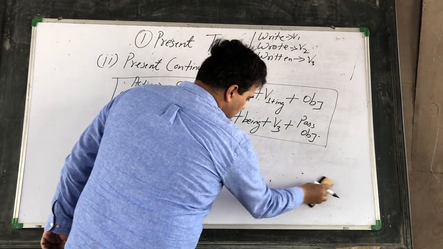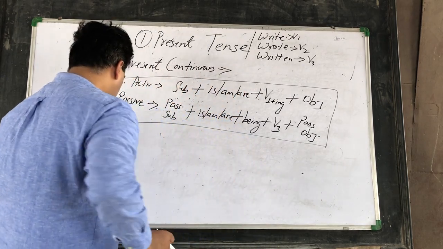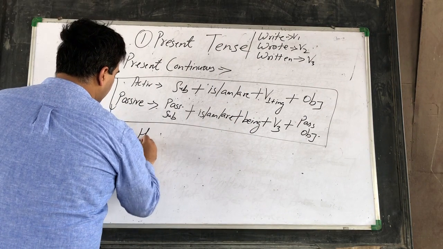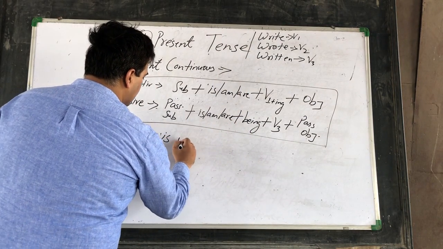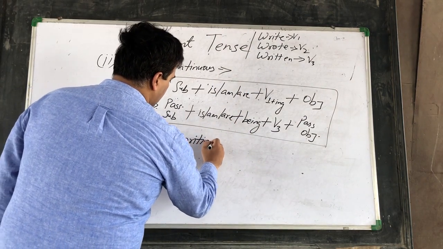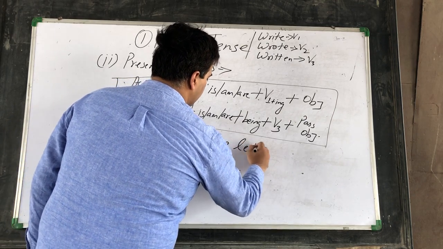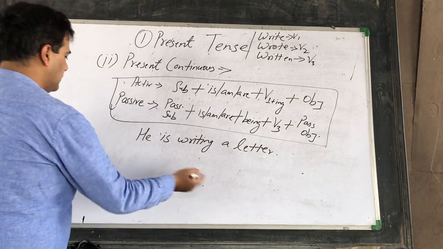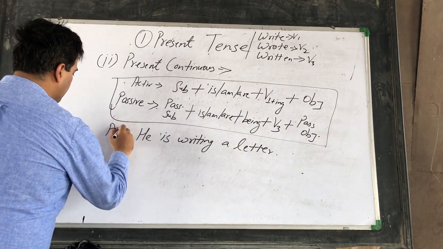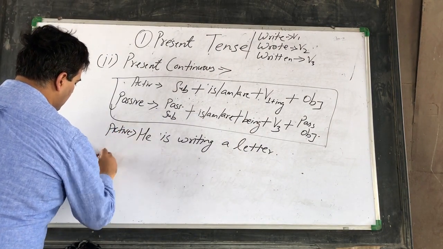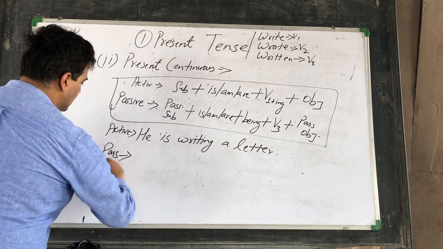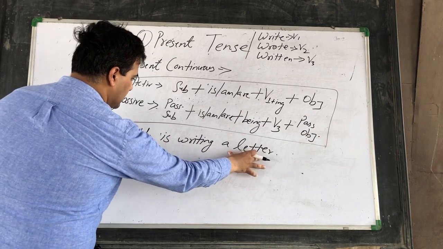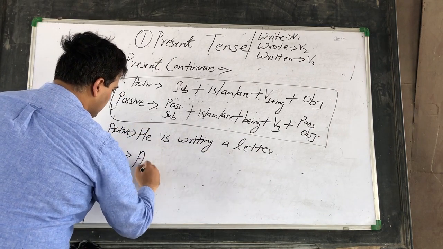So let us take the same sentence here. We have written he writes a letter. So he is now writing a letter. He is writing a letter. This is active. Now let's see what will happen in the passive. Change the object and subject. The object is a letter.